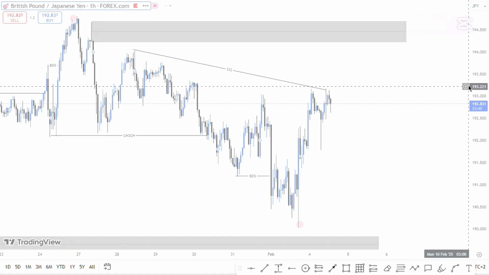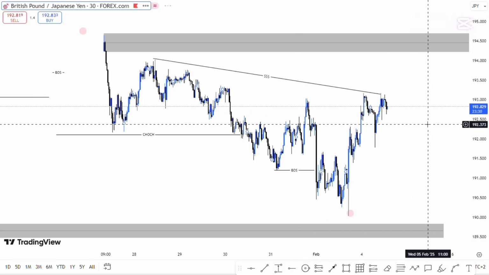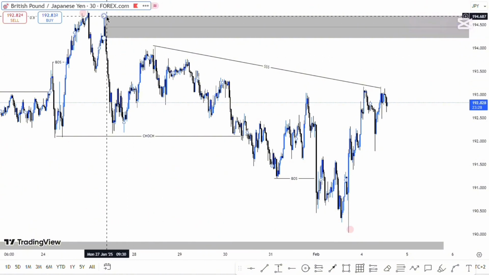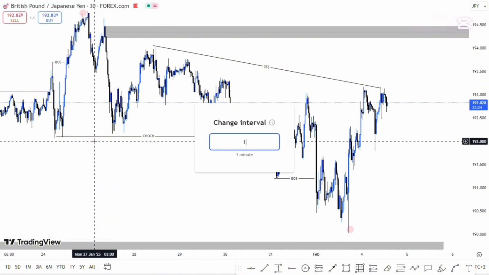Now let's adjust it to 30 minutes. You can see the price is aligning with the 30 minutes.